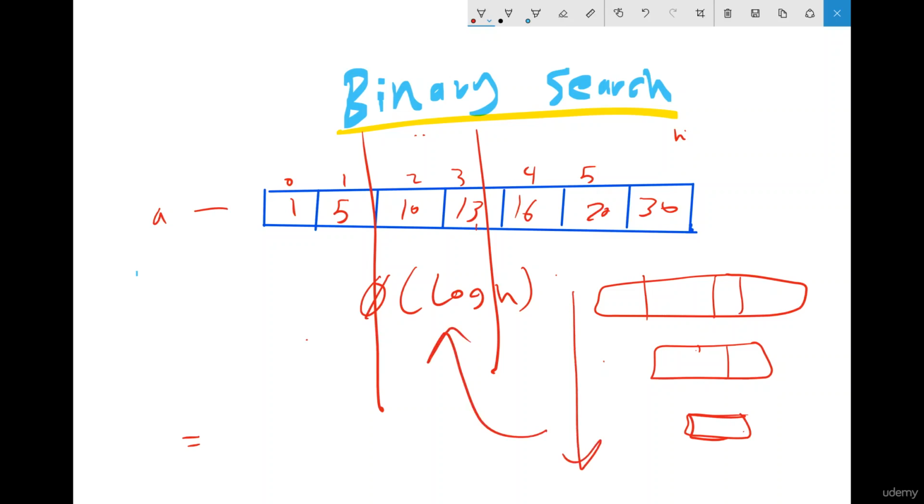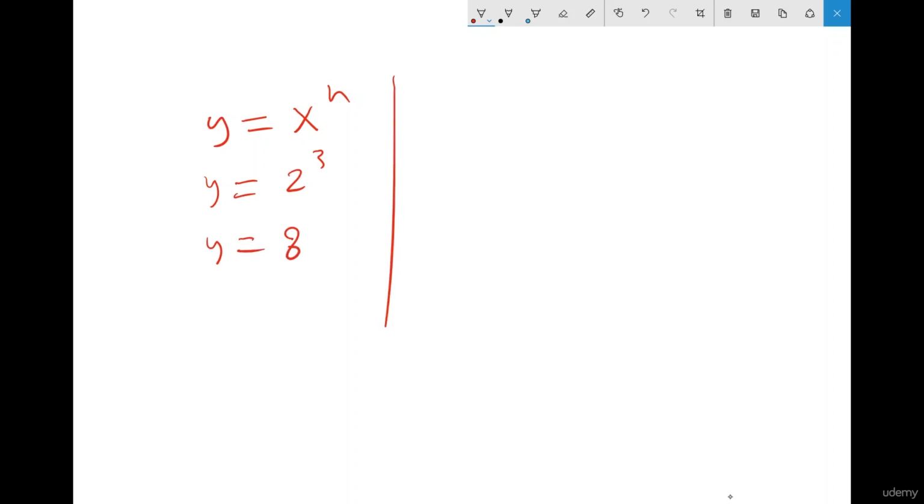But wait a minute, why do you say this one takes log n? I will tell you in the math, in case you don't remember or you forgot it. In math, you have y equals x to the power n. That means if x equals 2 and n equals 3, how much will y be? 8. If you want to convert this to the logarithm, you would say n equals log x of y.